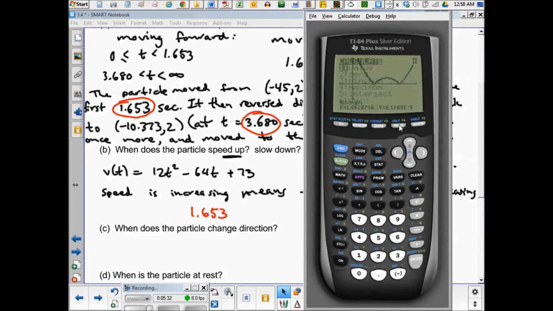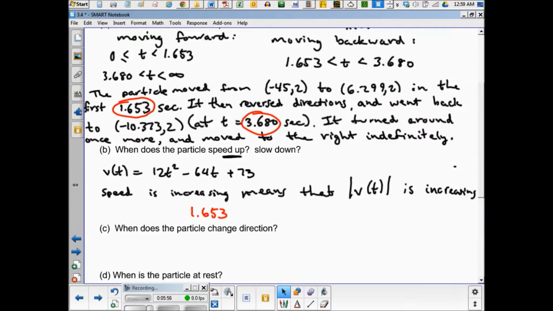Okay, let's go find some other points. Let's go find this maximum in here, left bound, right bound, a little guess right there. Okay, this is at 2.666 seconds. In this region, we have the speed increasing.